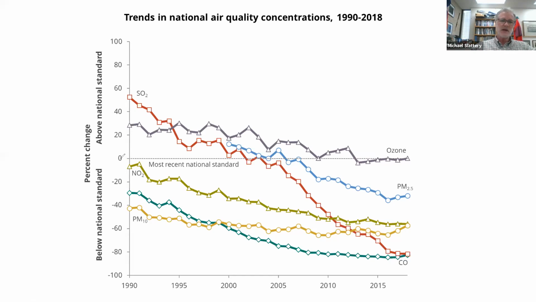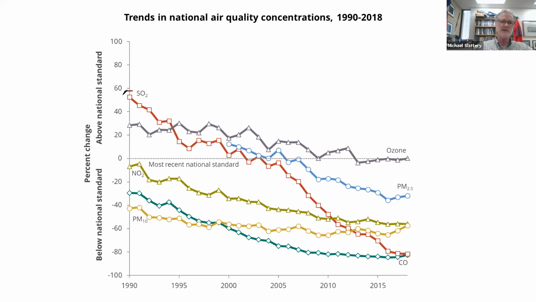And what I've done on this diagram, everybody, here across the middle, the horizontal dashed line represents the most recent national standard. And I've taken the average for these pollutants for the US. So this is the average of every monitor across the United States, okay? And I've plotted them whether the values were above or below the national standard.